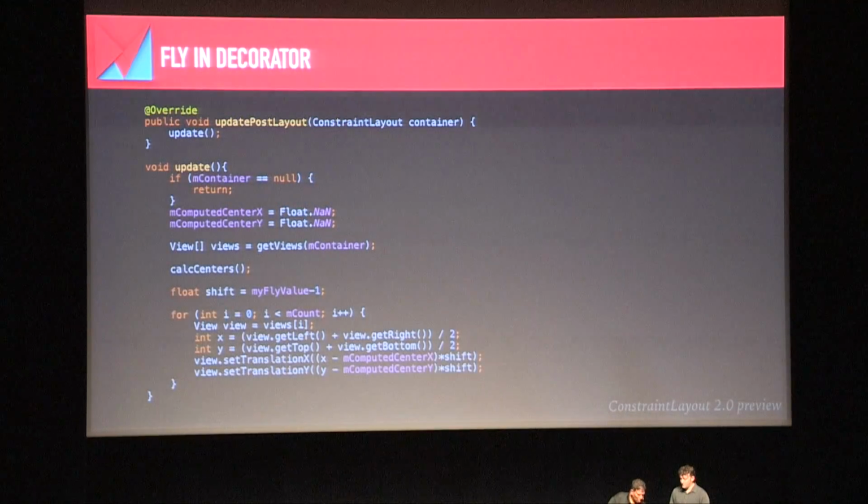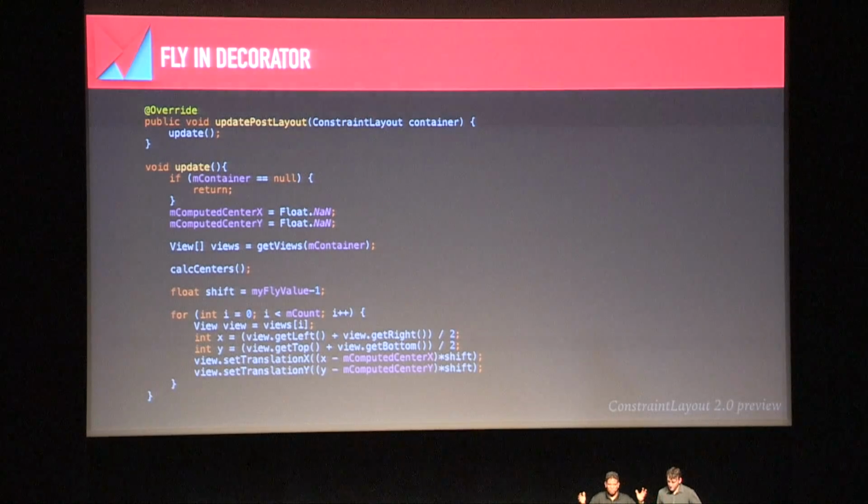So to show you a little bit of what happens on the inside, essentially it's calculating the center point of the view and then animating all the objects to it during the pre-layout, post-layout manipulation.